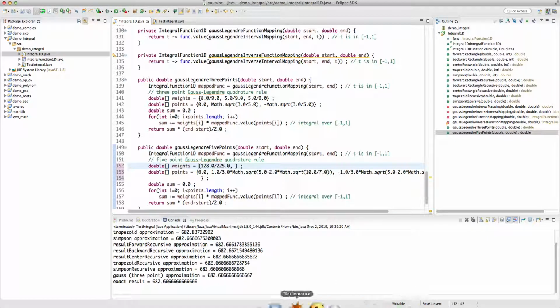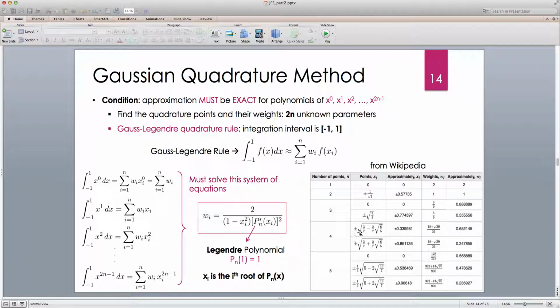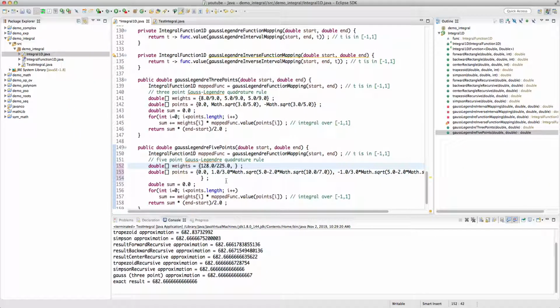For the next points, 1/3 square root of 5 minus 2 square root of 10/7, the weight is 322 plus 13 square root of 70 over 900. Okay, let's add the other points.